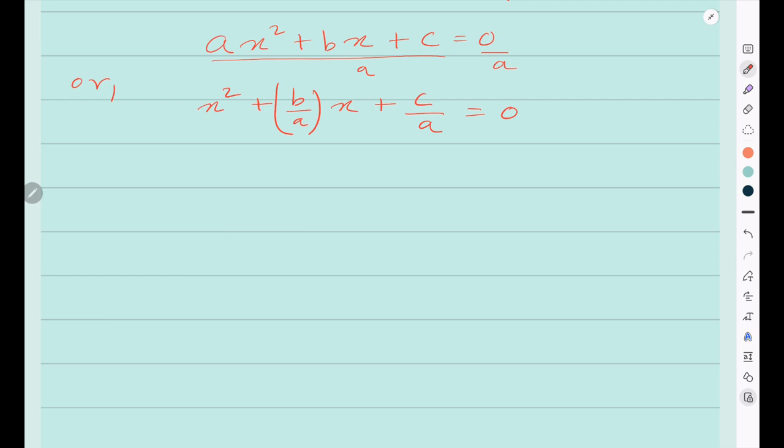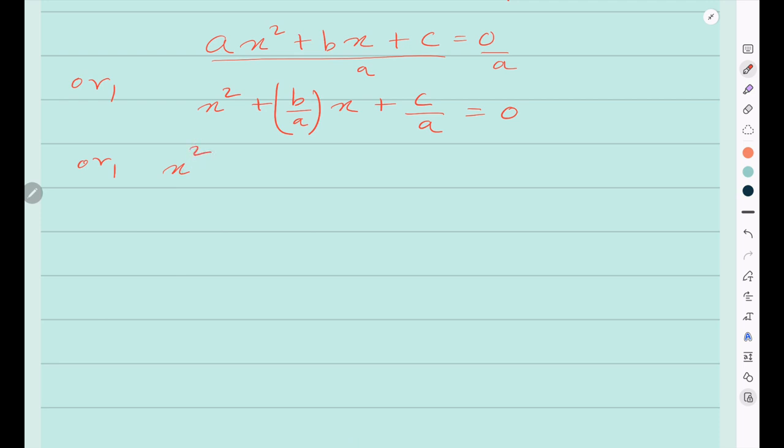Now what you do, in order to make it a square, what we need to do is we need to add something here. And why will we add something? We will add something in order to make this a square.